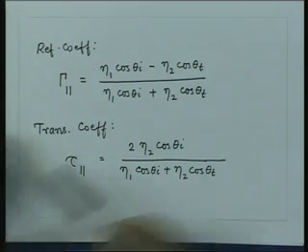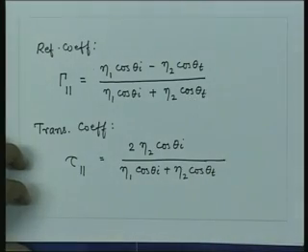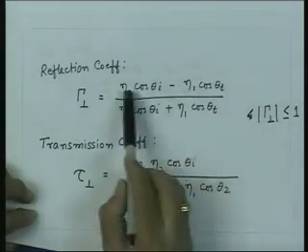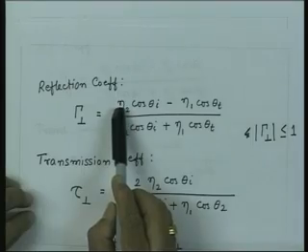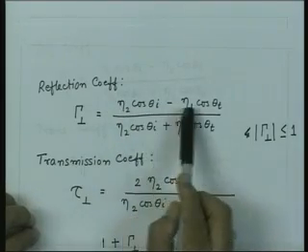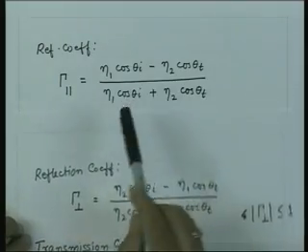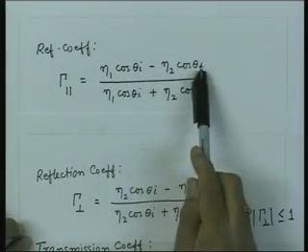So, the expression which you get for reflection coefficient is similar in the two cases, except that this eta 1 and eta 2 are interchanged. So, in the perpendicular case we have eta 2 cos theta I and eta 1 cos theta t, whereas for parallel we have eta 1 cos theta I and eta 2 cos theta t.